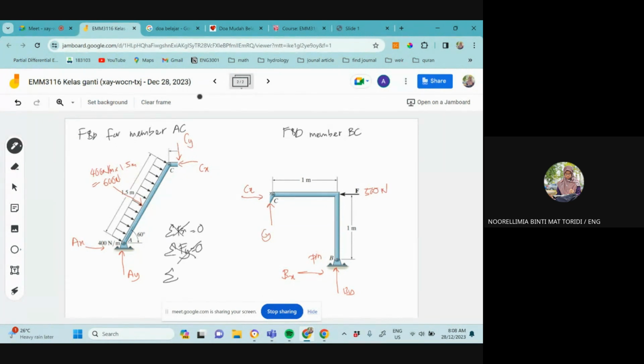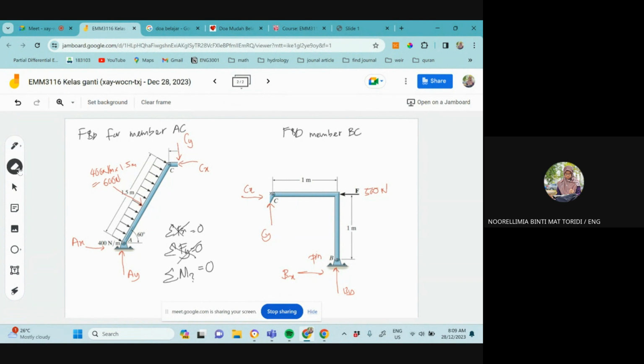So what is left is summation of moment at certain points equal to 0. Since we have two free body diagrams, we can have two summations of moment at certain points equal to 0.